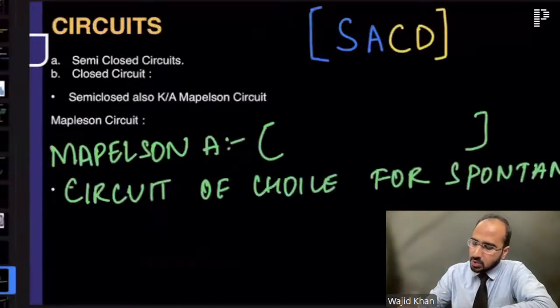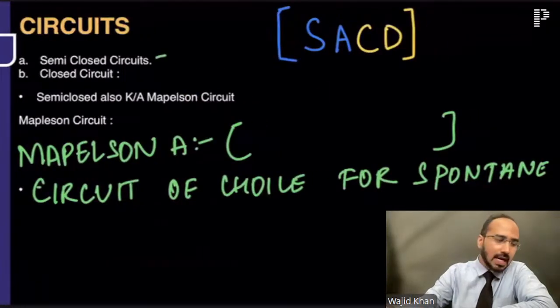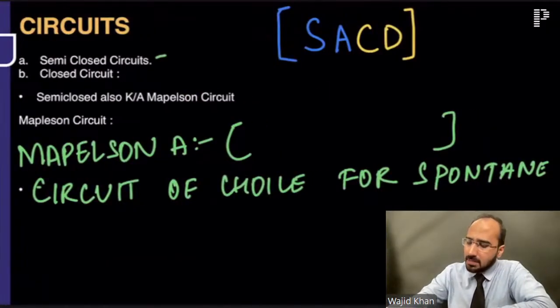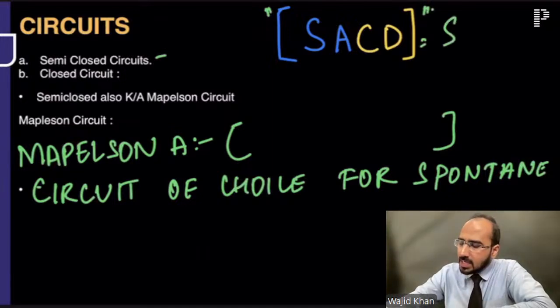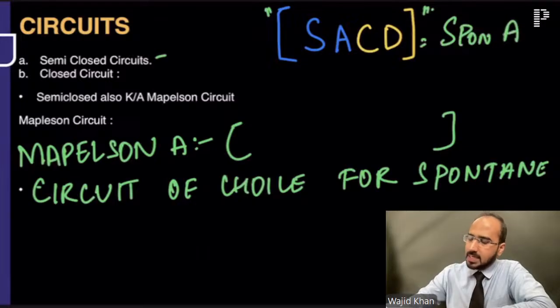Magill circuit. Just look over here, guys. Okay. Again, for this circuit, you have to remember SACD. SACD yani ke for spontaneous ventilation, A circuit. For controlled ventilation, D circuit. Okay, SACD.